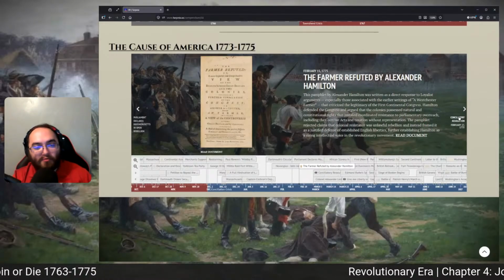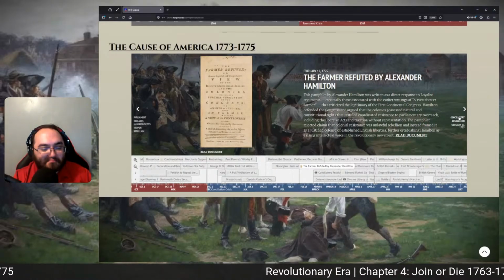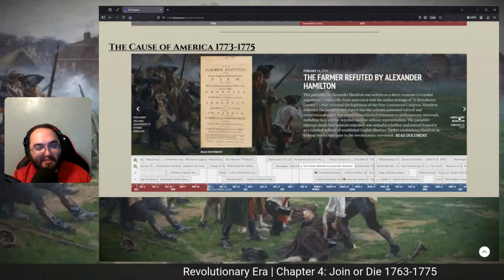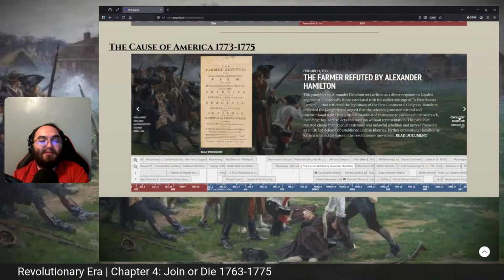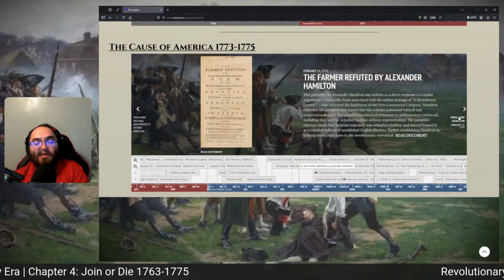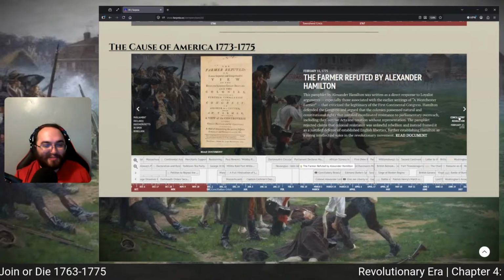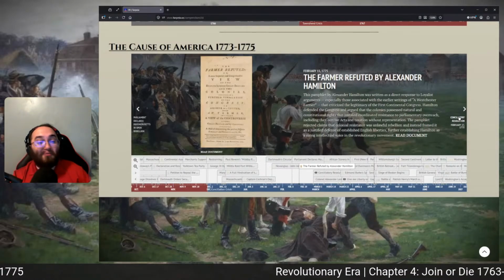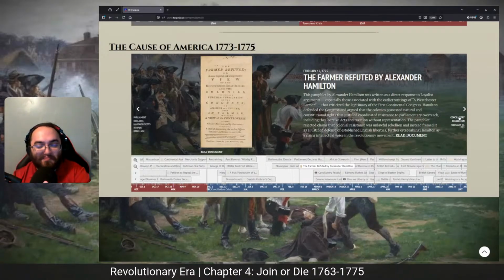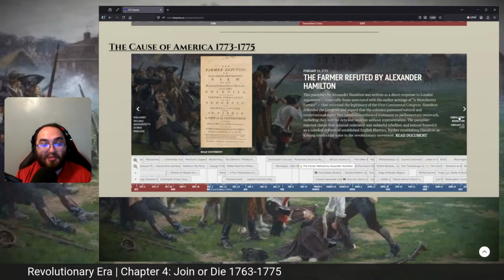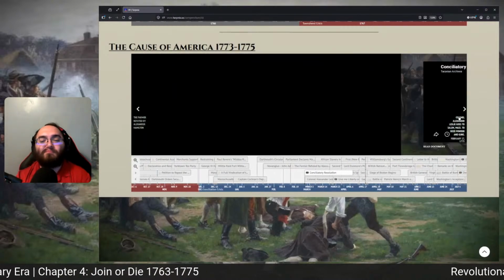It's actually part of a wider debate going on. So it's interesting to see Alexander Hamilton and many of the people who would participate in the constitutional debates getting their practice debating each other and writing essays during and leading up to the American Revolution.